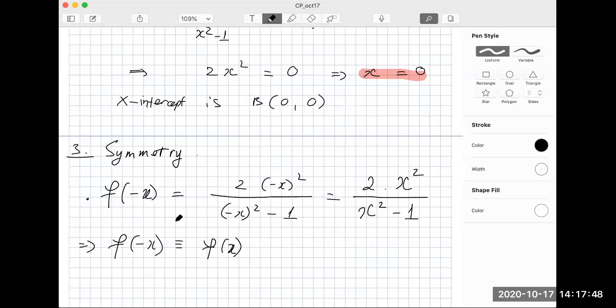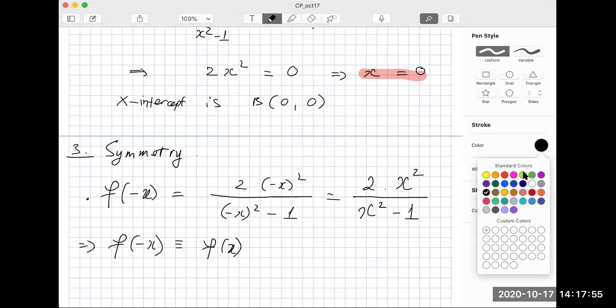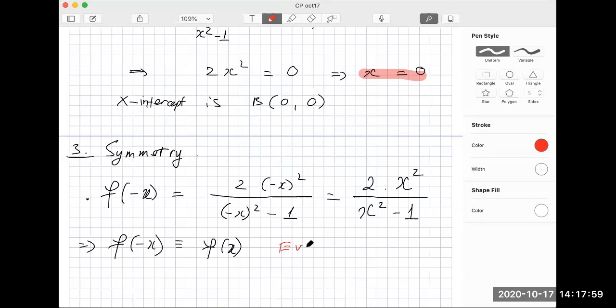So if it satisfies this, then is it an odd or an even function? Even. Yes. Then the even function will be symmetric about the y-axis, right?